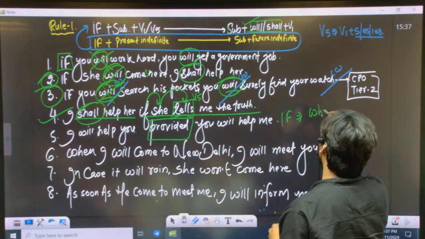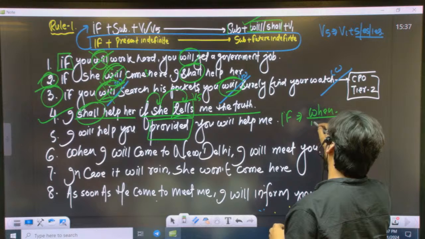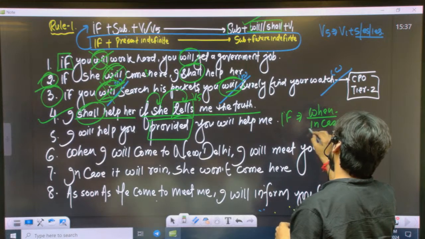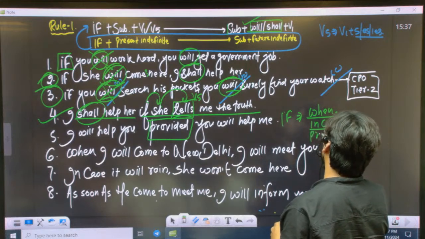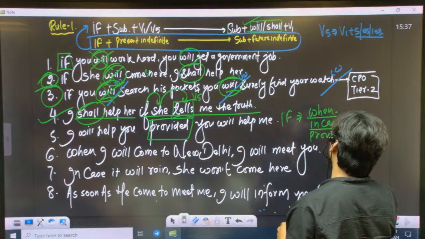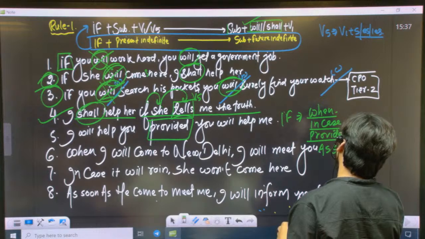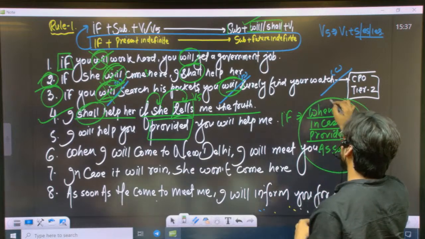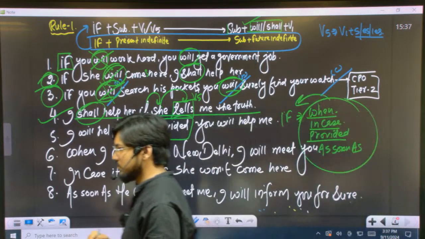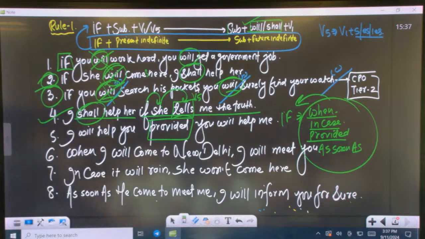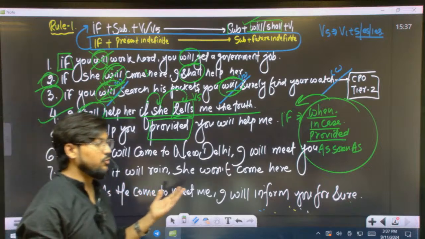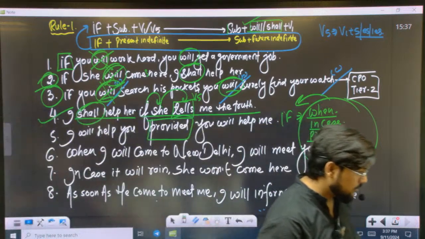Like when can be written, in case is written, provided is written, as soon as is written. So these are the alternatives. Note down, if if has not been given, you may find these words.